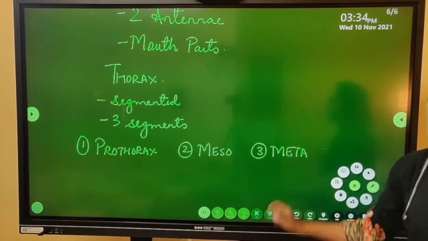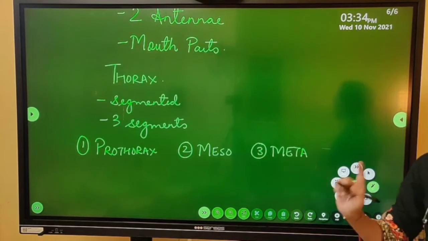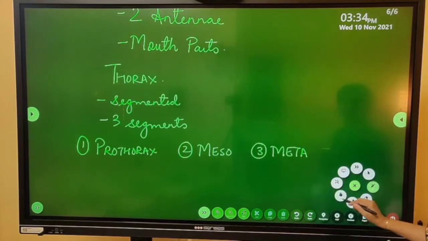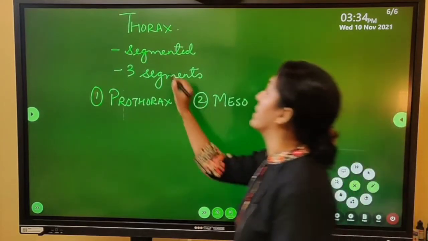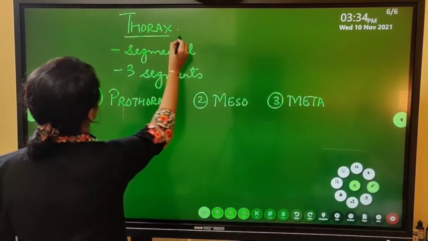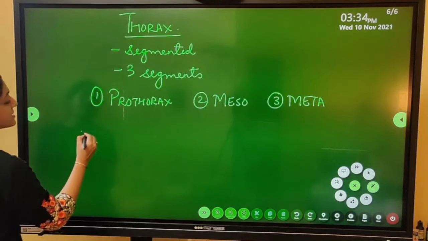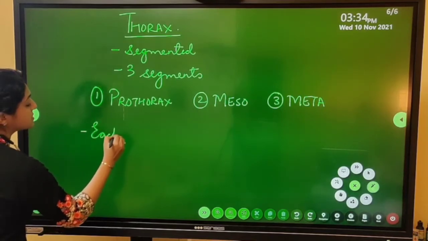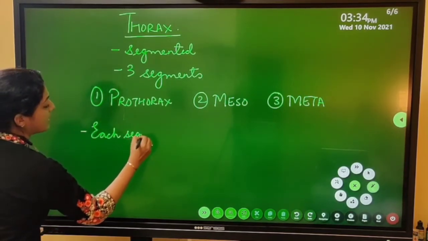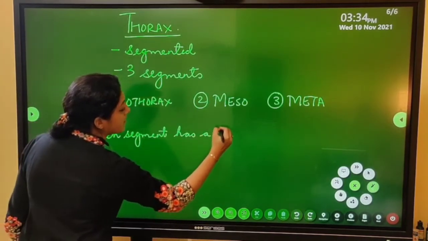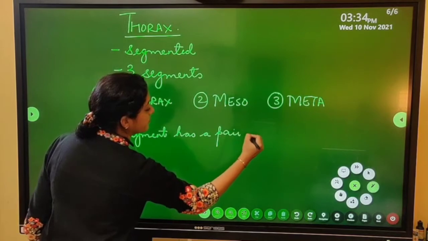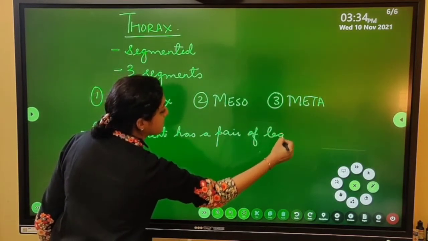Each segment has a pair of legs. So thorax के हर segment में एक pair of leg रहेगा. Each segment bears a pair of legs.